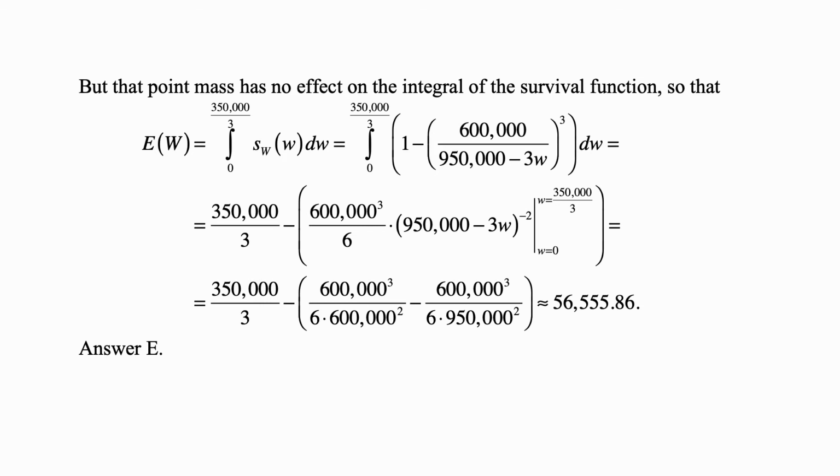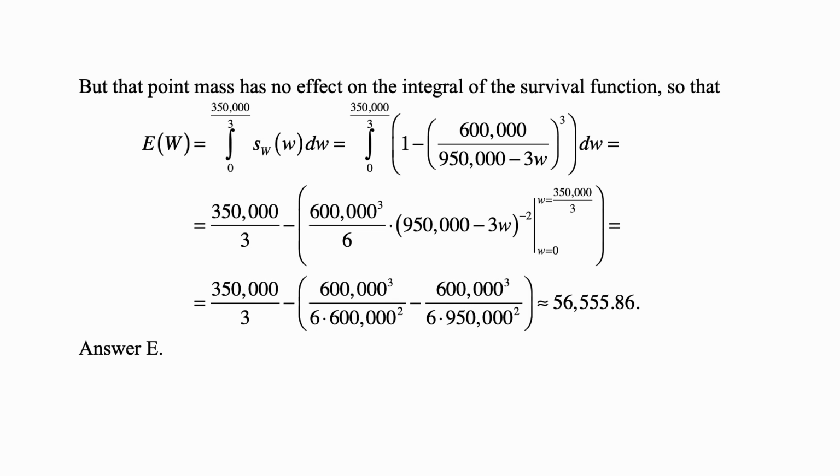Okay, so we integrate this function, and the integral is equal to 600,000 cubed, which is just the coefficient taken out from this ratio, over 6, which corresponds to the appropriate power of w in the calculation to get to the function whose derivative is the integrand, times (950,000 minus 3w) to the negative 2.